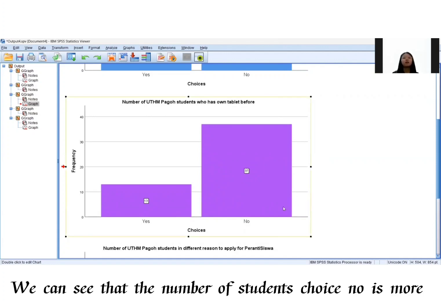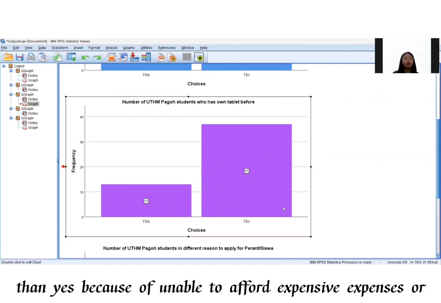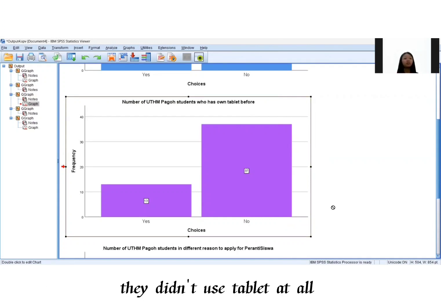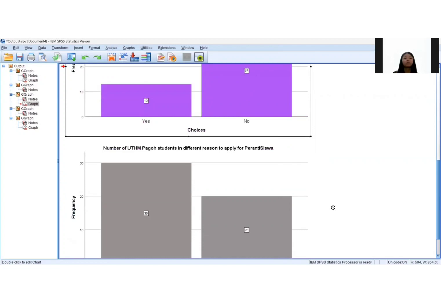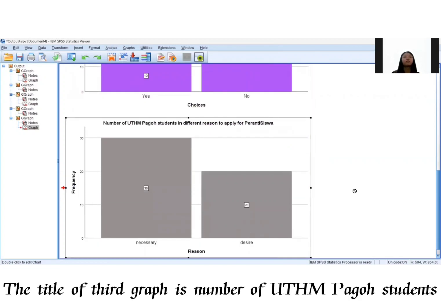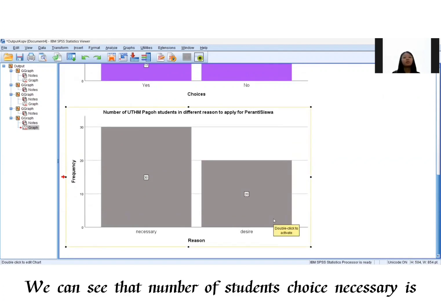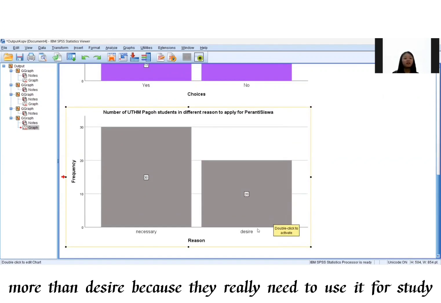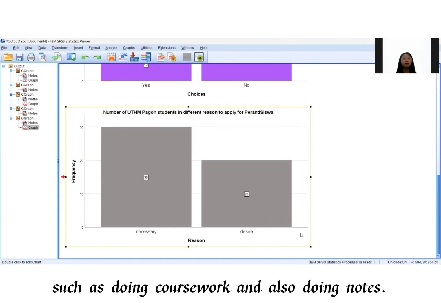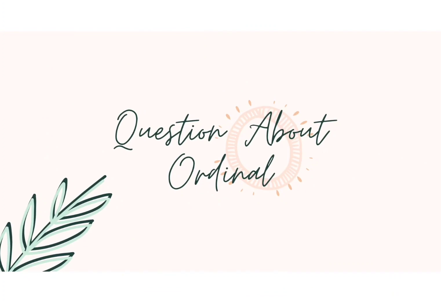We can see that the number of students who chose no is more than yes because they are unable to afford the expense, or they didn't use a tablet at all. The title of the next graph is the number of UTHM Pagoh students with different reasons to apply for Peranti Siswa. We can see that the number of students who chose necessary is more than desire because they really need it for studies, such as doing coursework and also doing notes.